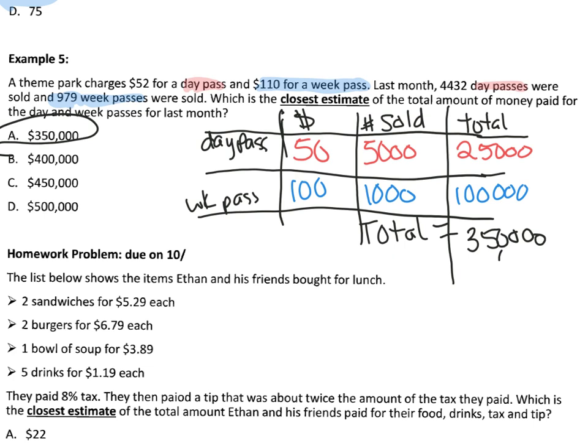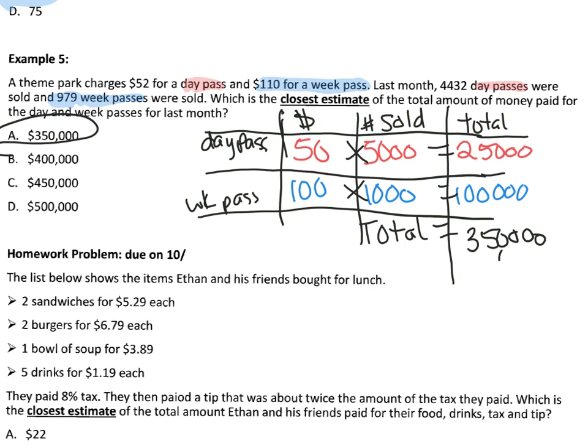Okay, so again, you can be liberal with your rounding. It's not an exact science. So whatever you rounded to, I'm sure was fine, as long as you got somewhere around 350,000. Okay, so once I multiplied these, then I added them up and got my total. So you need to just be really careful about that.